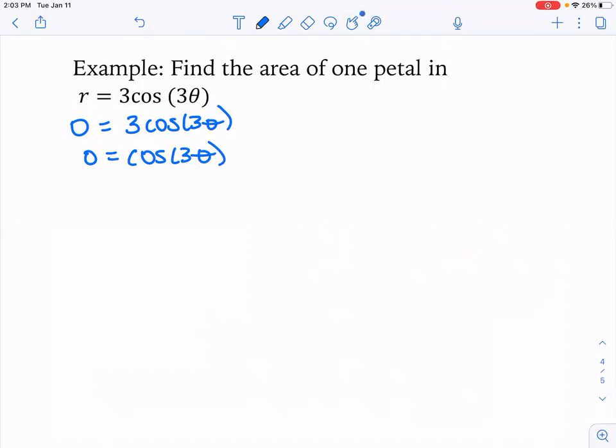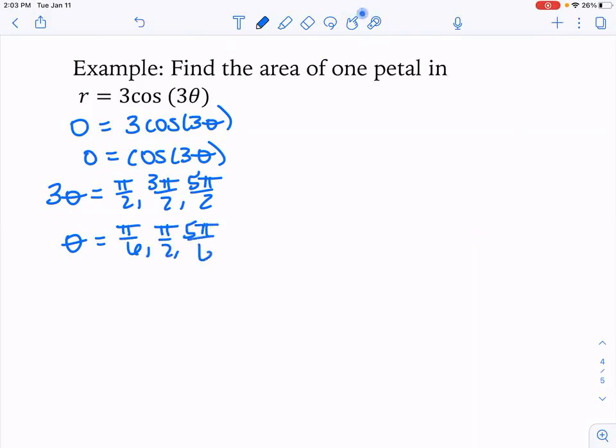Okay. So where is cosine equal to 0? So we have 3 zeros in this rose curve. Pi over 6, pi over 2, and 5 pi over 6 are all of our zeros.